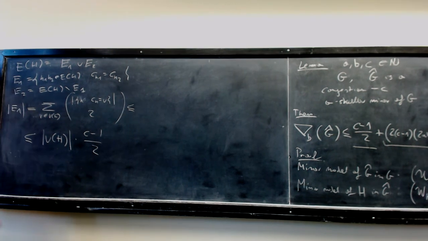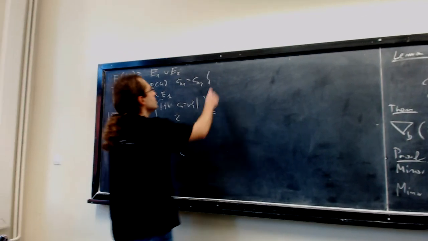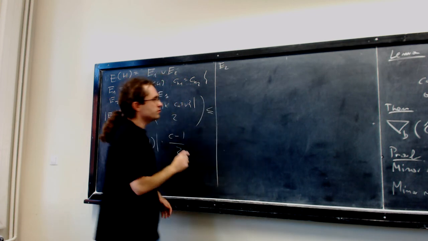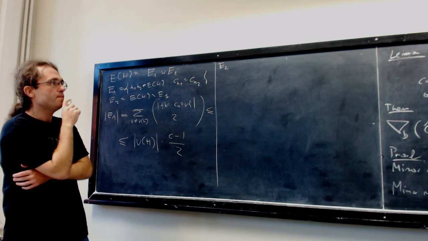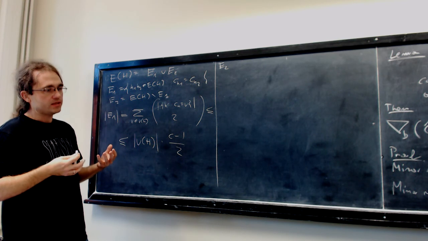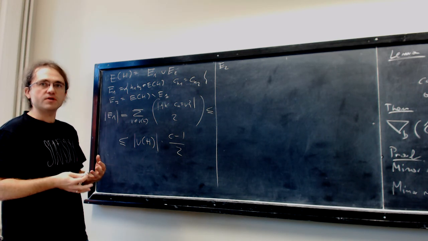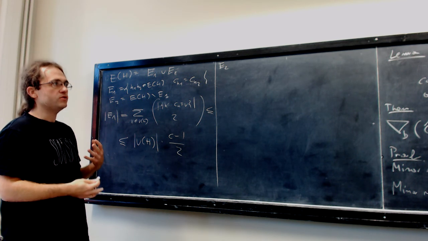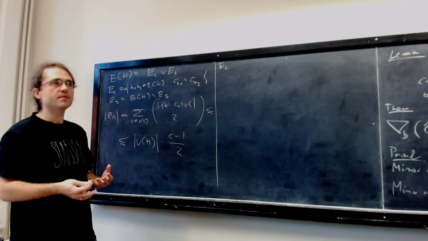Okay. So now let's go to E2, which is slightly more complicated. How to bound E2? For E2, I want to select some edges of H and choose only some of them to make a still quite dense topological minor.